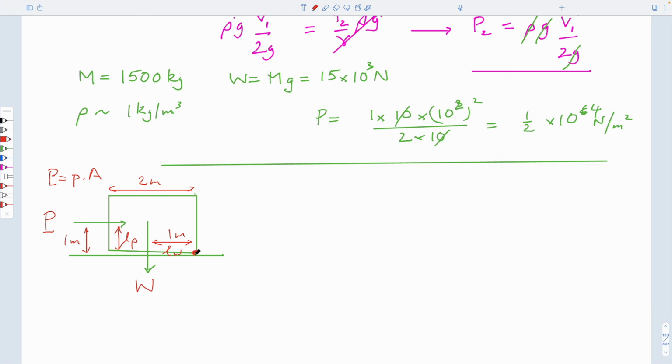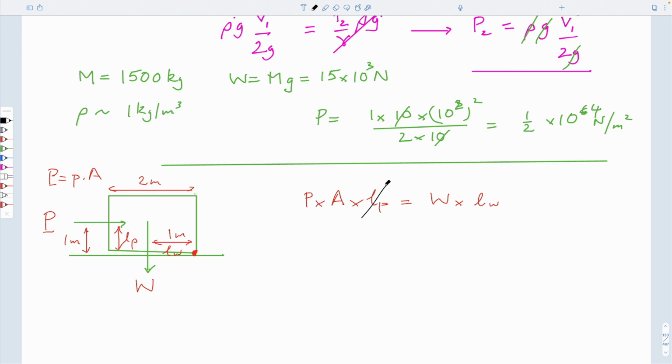So if we resolve moments around this, then pressure times area times LP is equal to the weight times LW.